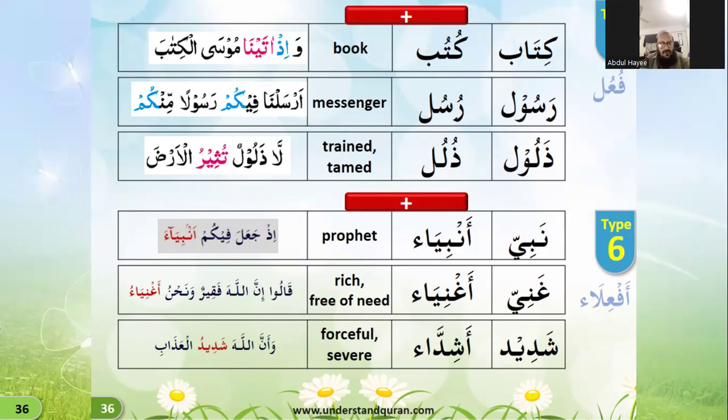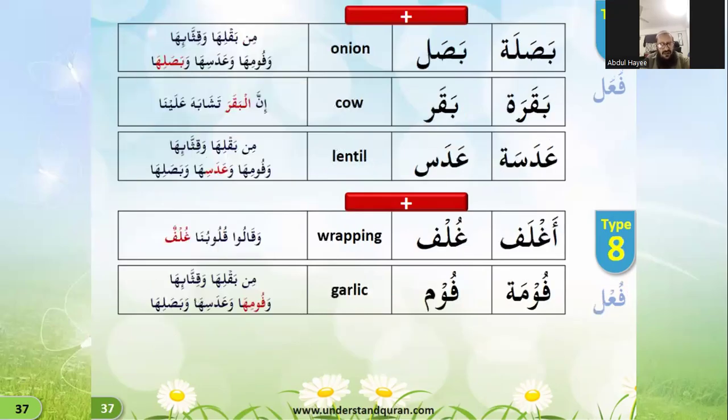The sixth one is af'ilaa. Nabi, Anbiya, Ghani, Aghniya, Shadid, Ashidda. The seventh one is fa'al. Basal, Basla, Bakra, Bakar, Adas. The eighth one is fu'ul, Ghulf, Gulf, Fam, Fum.